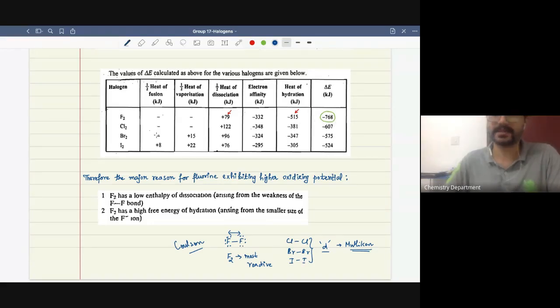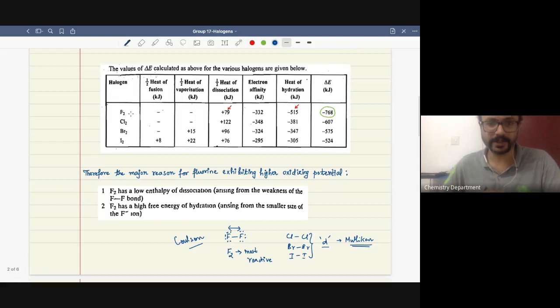Even though chlorine has a very high electron affinity value, the oxidation potential is higher for F2. That is because of the high heat of hydration of the F minus ion and the lower dissociation enthalpy of the F2 molecule. Both these factors contribute towards the higher oxidation potential for fluorine.